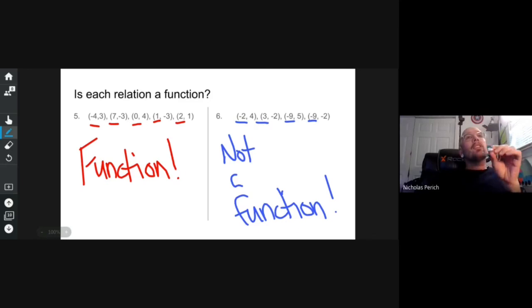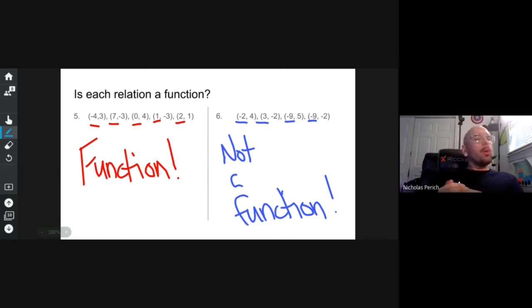If my x values repeat, it's not a function. If my x values don't repeat, it is a function. X values can't repeat. And the real life term is this: the x value is like an input.